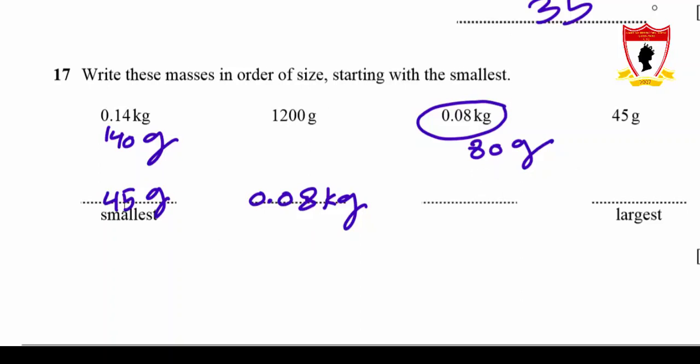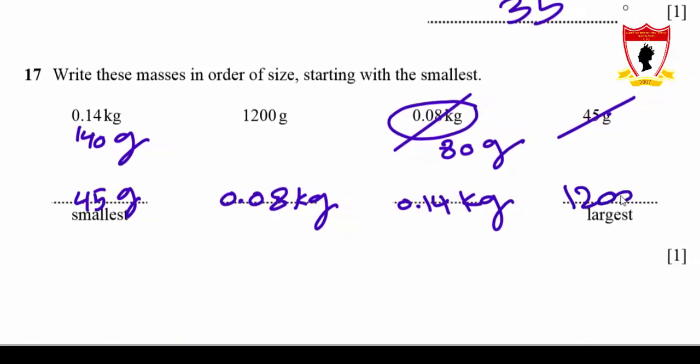But when we write the answers, we have to use the units that are given in the question. See, okay, this one gone. This one gone. Now 140 grams is the third one, but it's 0.14 in the question. We have to copy it as the question. And finally, it's 1200 grams.